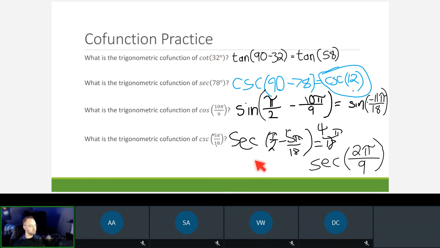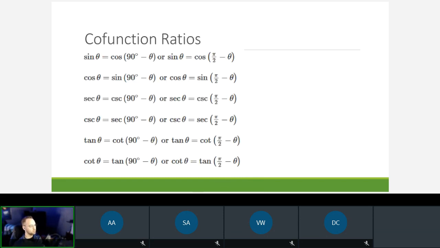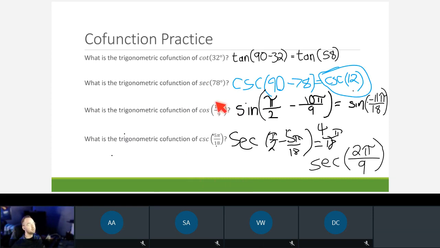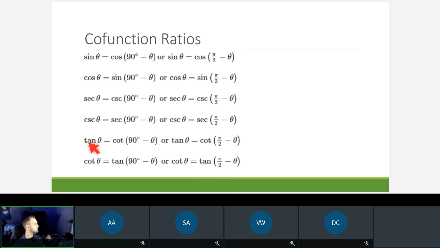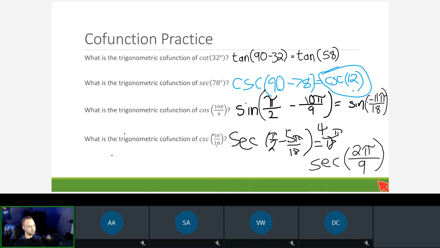Nope. Cotangent becomes tangent. Cosine becomes sine. I just think that's so weird. Anyway, and then cosecant becomes secant. Yep, sure does. Okay, they're all correct. Just want to make sure.